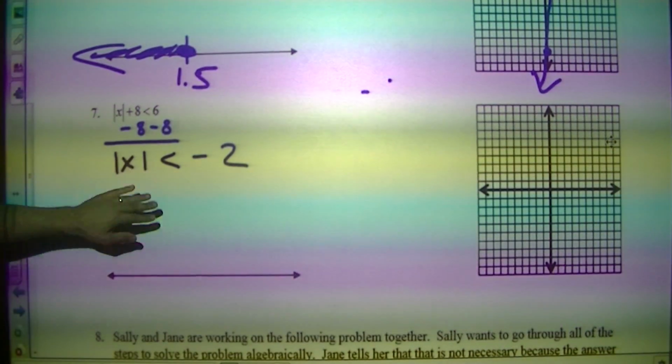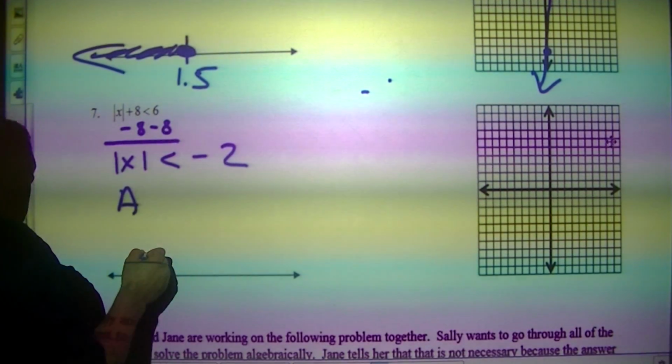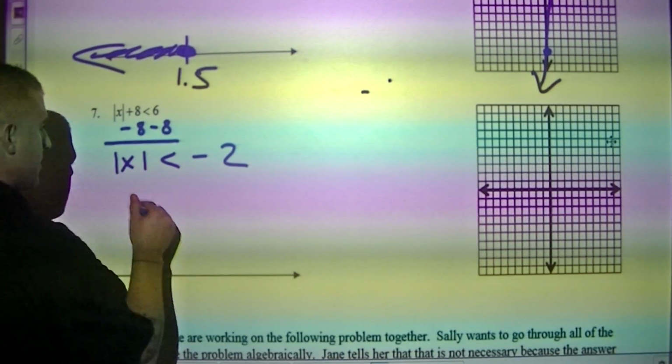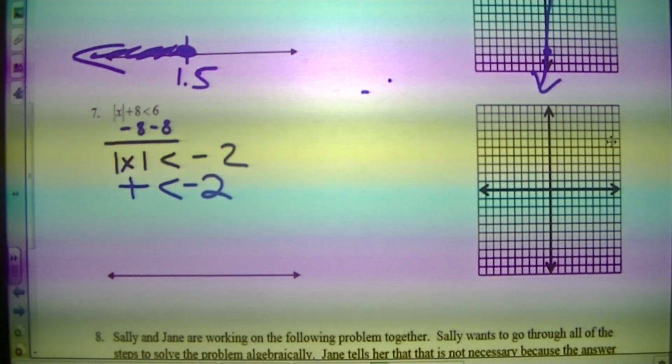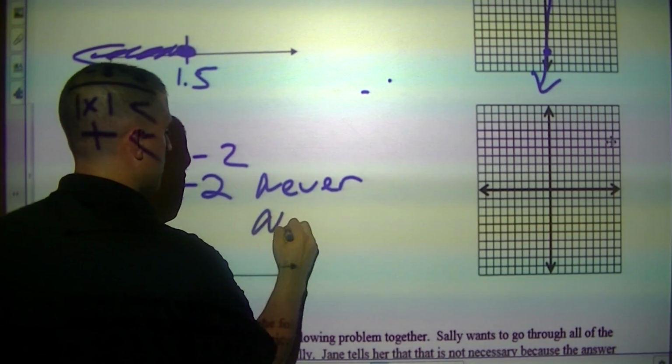Absolute value is always positive, so this is going to be no solution. Can a positive number ever be less than -2? Never, so that's why this is no solution.